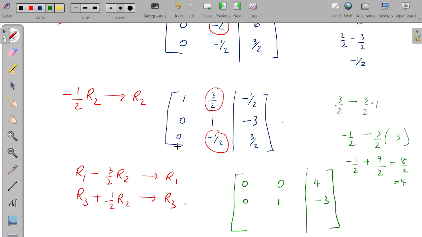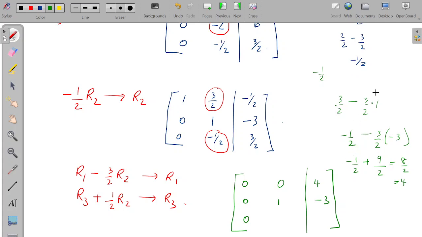All right, so let's do row 3 now. Row 3 plus half of row 2. Half of row 2, that is 0. Row 3, which is minus 1 over 2. Please keep all this calculation at the back of your paper or on one side of your paper.